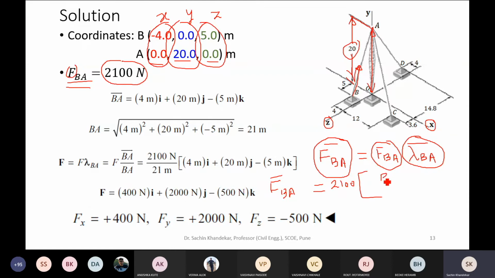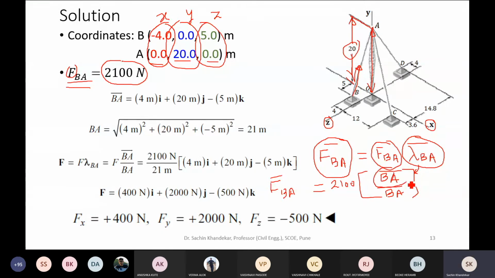We have already defined it: it is the line vector BA divided by its magnitude BA. I hope you are getting what I'm saying.